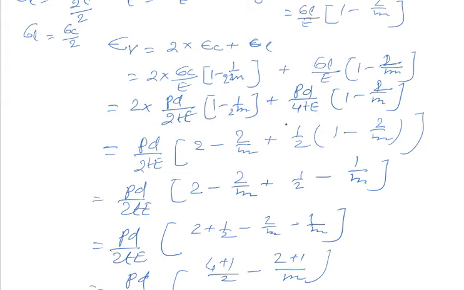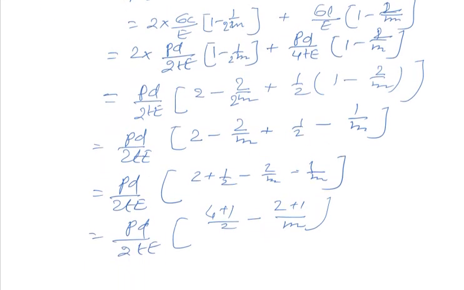So here, if PD by 2 TE, 2 minus 2 by m, this is 2m, correct.